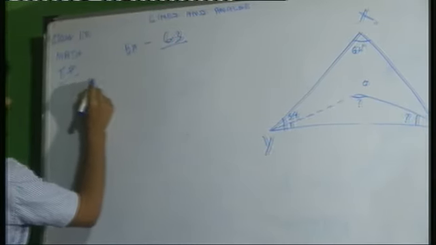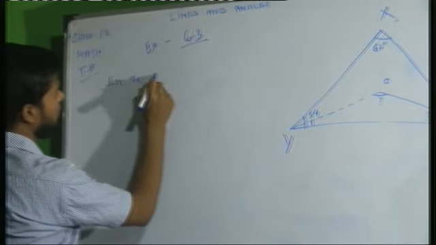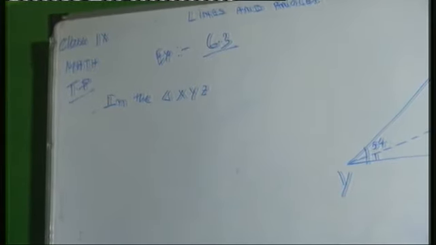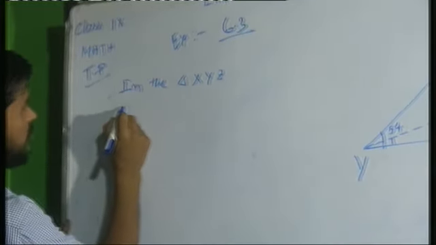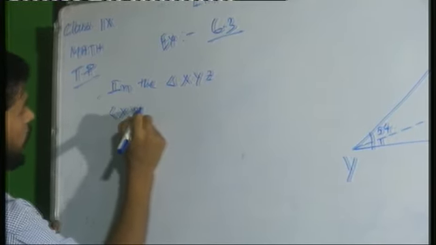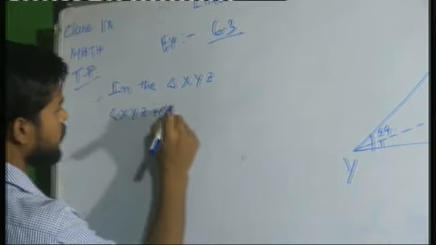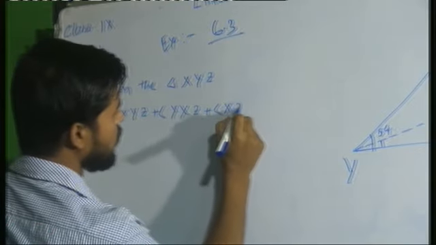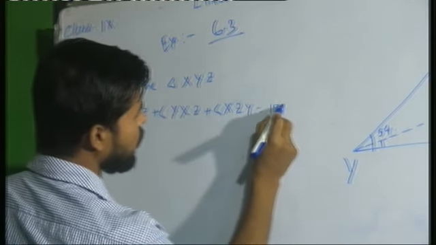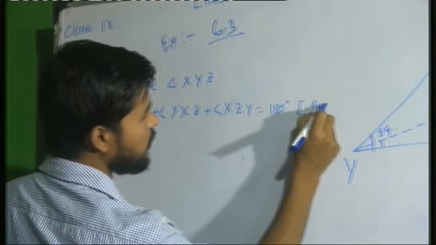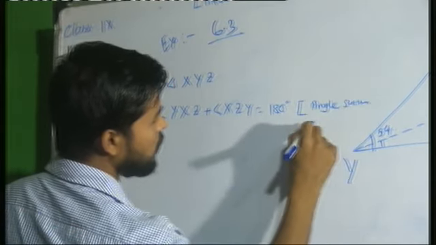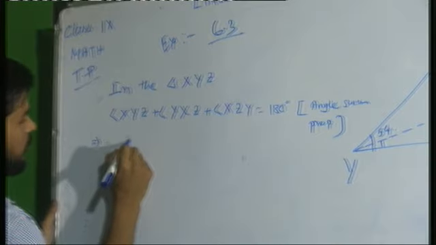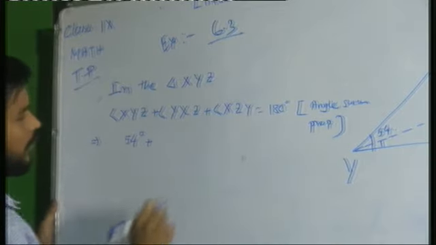So consider the triangle XYZ. If we apply the angle sum property of a triangle, we have angle XYZ plus angle YXZ plus angle XZY is equal to 180. Why? Because it is called the angle sum property of a triangle. What is the value of angle XYZ? That is equal to 54 degrees. What is the value of angle YXZ?